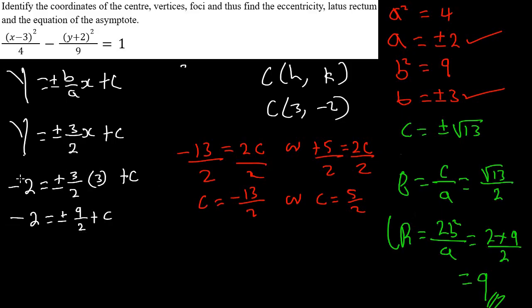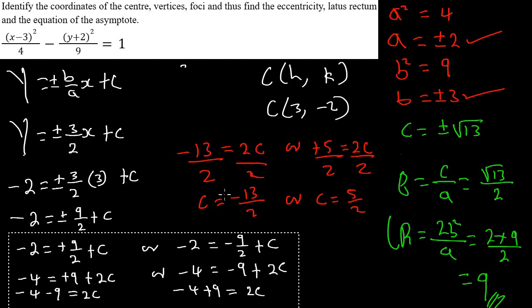So remember, let me bring it back. I actually need to show you something. We get the value of c to be minus 13 over 2 when the gradient is considered to be plus 9 over 2.